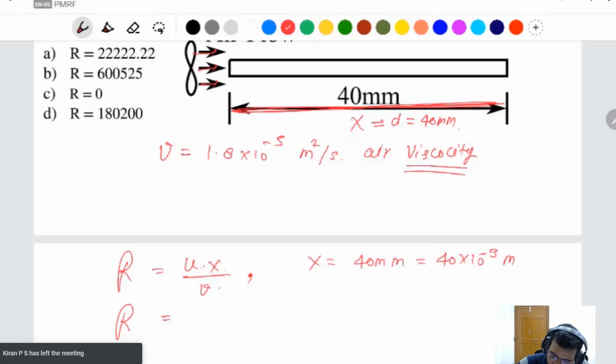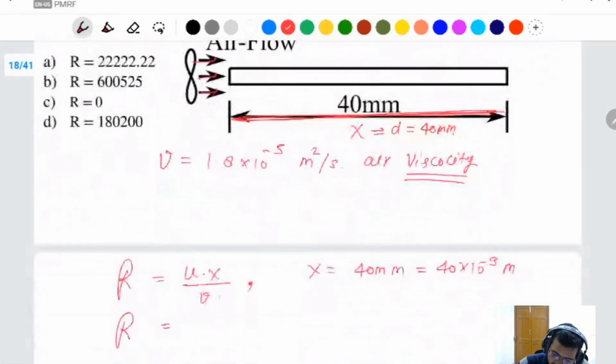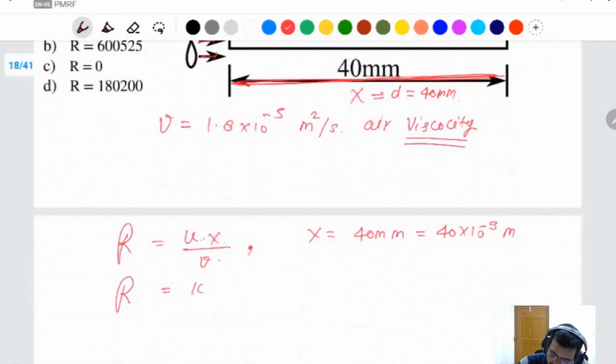U is given as 10 meter per second, so 10 meter per second times 40 into 10 to power minus 3, divided by 1.8 into 10 to power minus 5.